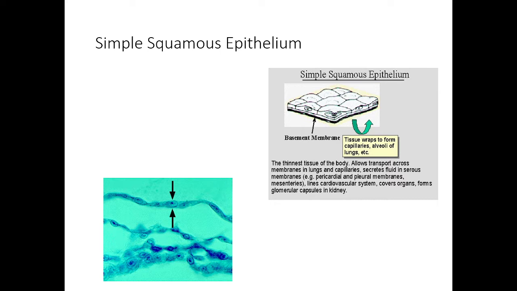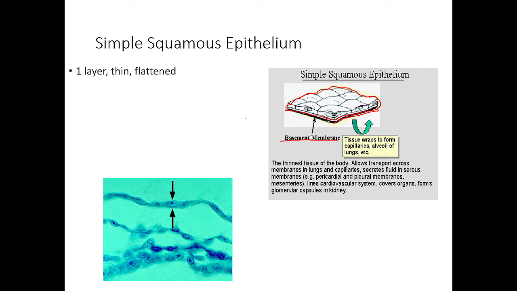If you are able to see, these two diagrams show us how exactly simple squamous epithelium looks. This is a sheet-like structure, right? The cells are compressed into a sheet-like structure, and the basement membrane is there, you can see.